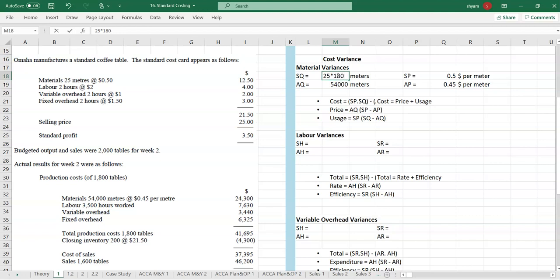We produced 1800, which is the actual. So multiply this, then only you will get the answer. Okay, so let's get that answer. So that answer comes to 45,000 meters. See, from here on it is quite simple. You can just multiply it and get the number.